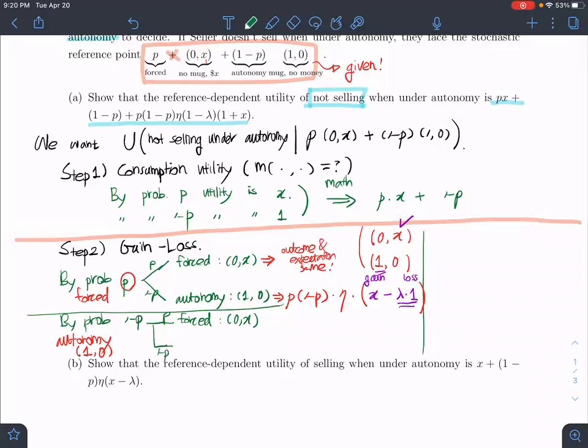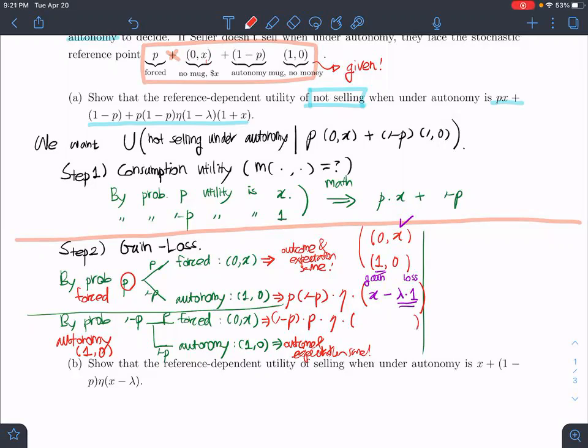With probability 1 minus p, I fall into autonomy where the outcome is 1, 0. So in this case, outcome and the expectation is the same. It's the same. So there's no gain and loss. This part is what we want to consider. So this part happens with probability 1 minus p first, and then multiply by p times eta to consider the gain loss utility.